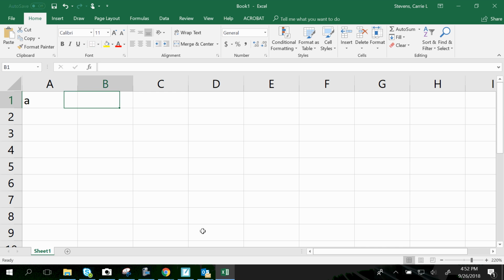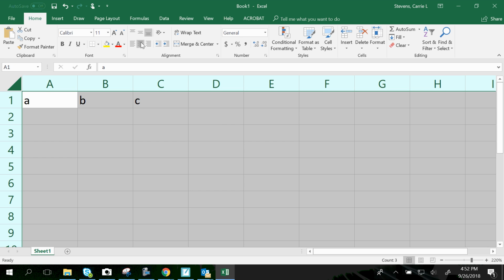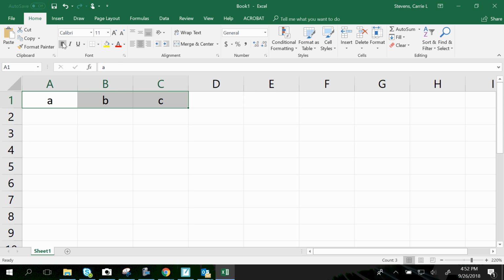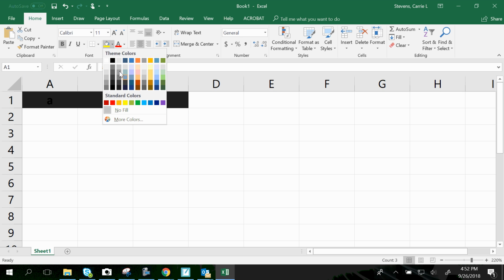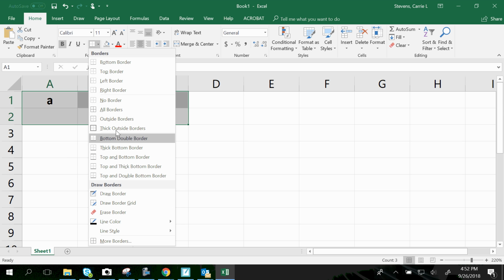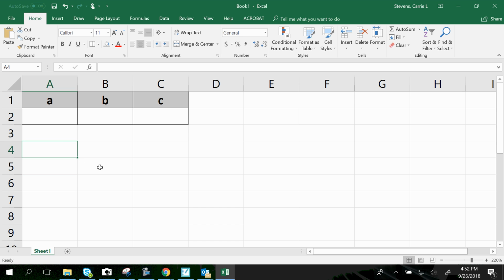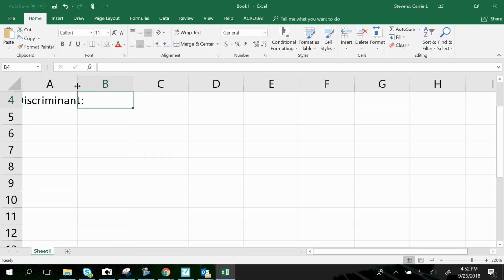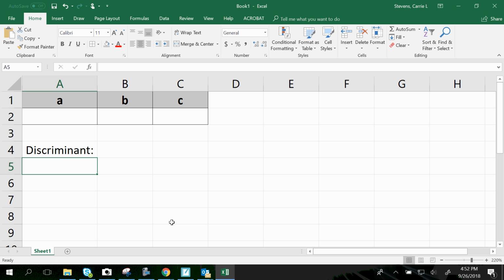So we're going to have a place for A, B, and C. I'm just going to center everything in here. Make that bold and shaded. You don't have to do all this formatting, but I just want you to see how to set up a quadratic calculator. Then we're going to calculate the discriminant, and the square root of the discriminant.